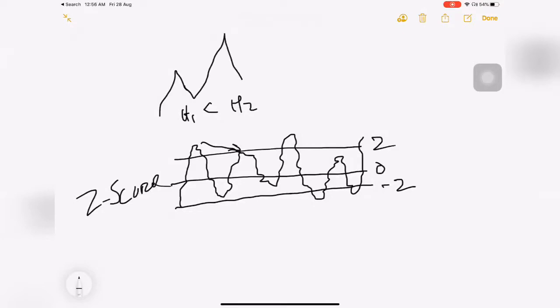High 1 is less than high 2, but the Z score might be at around say 3 and this might be at 1.5. So here you can see a clear divergence. 3 is greater than 1.5, but this high is less than high 2.